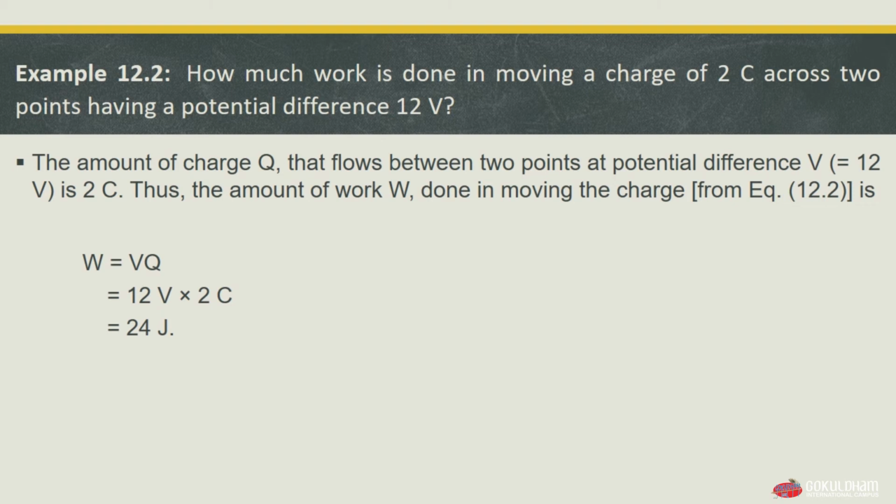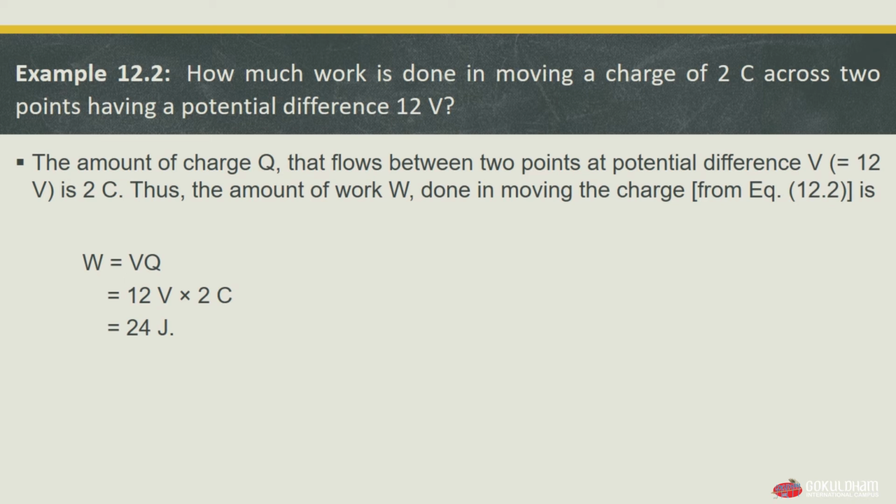So the amount of charge Q that flows between 2 points having potential difference V is 2 coulomb, at 12 V. Thus the amount of work done in moving the charge, from equation 12.2, is W equals V into Q. How do we get this?